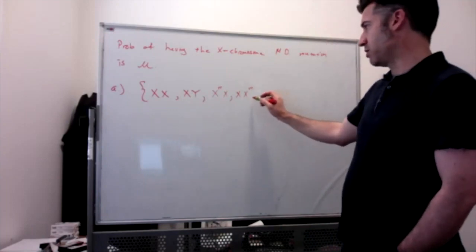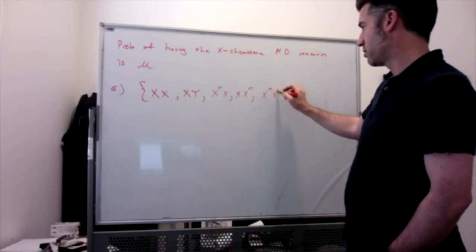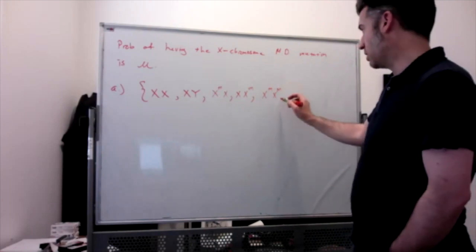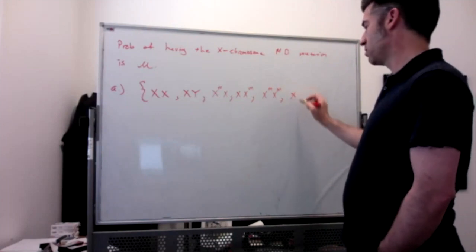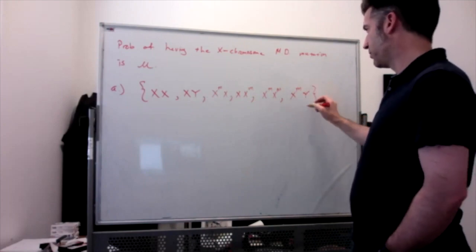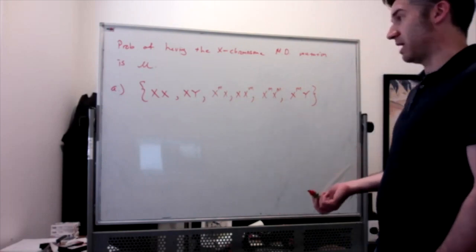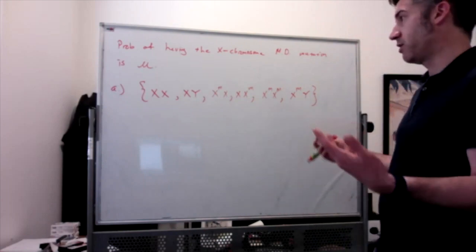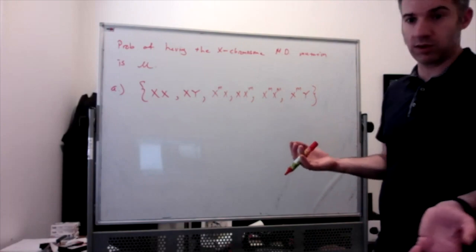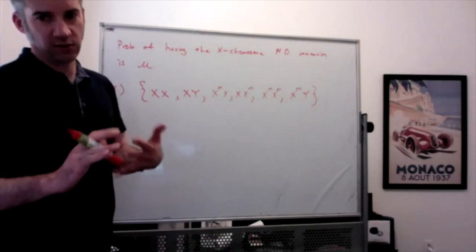What else could happen? You could have a female where both are afflicted, and you could have a man where the X chromosome is afflicted. And I think those are all the possibilities, right? There isn't any other way you can have two chromosomes. I'm talking about having muscular dystrophy.